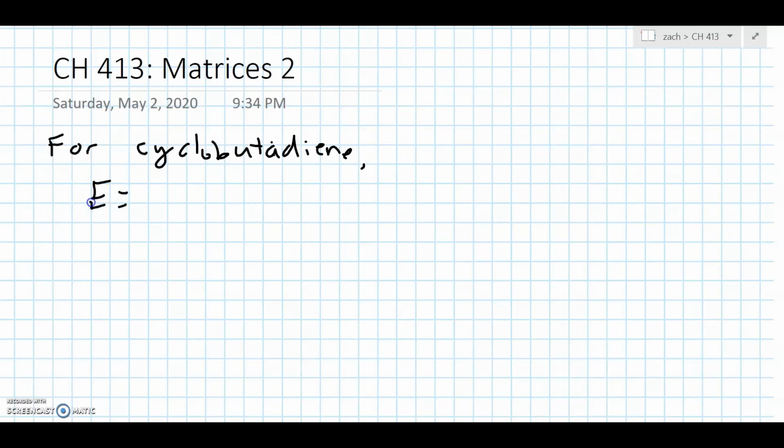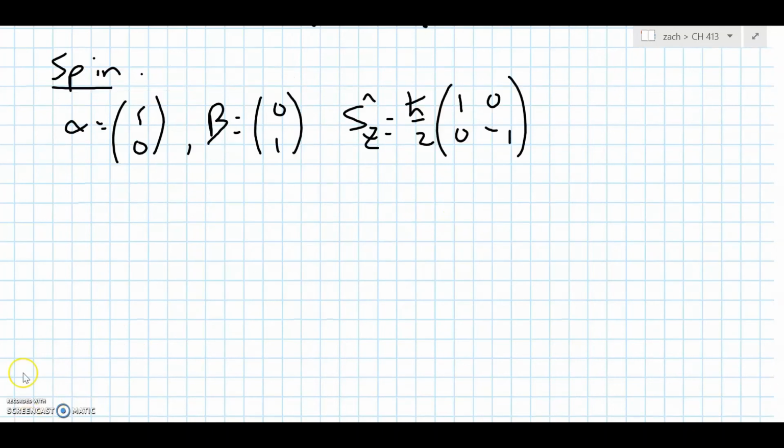We have E is equal to alpha and alpha, because it's doubly degenerate. And we have alpha minus 2 beta and alpha plus 2 beta. Now you're going to learn what these alpha and beta mean at some point, but this was basically some good practice to determine, hey, how do I figure out some sort of determinant that's a bit harder to think about? Okay, now we move on to a bit of a different topic.